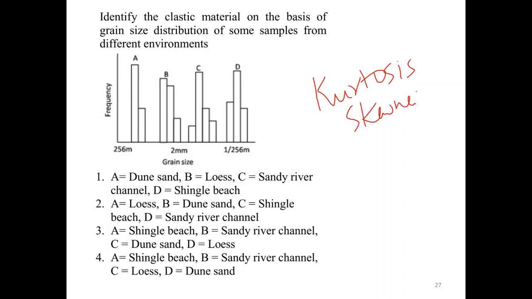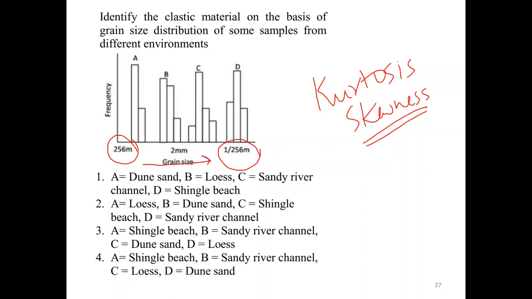If not, please do revise. These are very, very important topics. Now, look at this frequency and the grain size distribution. So we go from 256 mm to 1/256 mm.